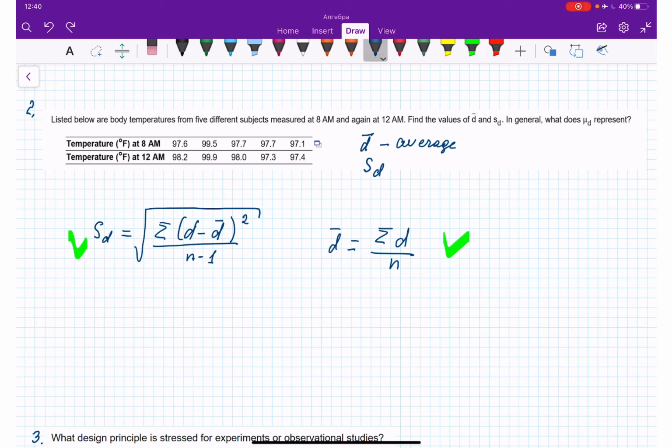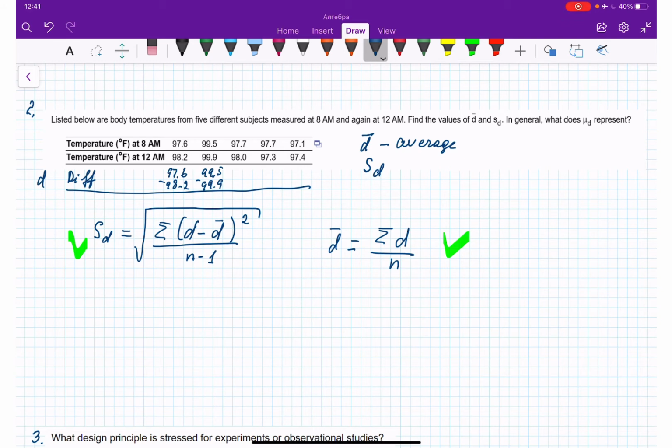You will see it on the template, but real quick to explain, here is where the difference is going to be, and this is going to be your D. So let's say 97.6 minus 98.2, 99.5 minus 99.9, and so on. And summarize these differences, okay? And then divide by the number of elements, which in this case is 5.